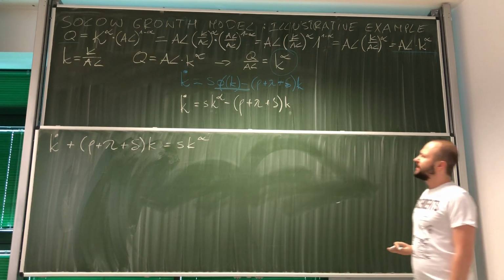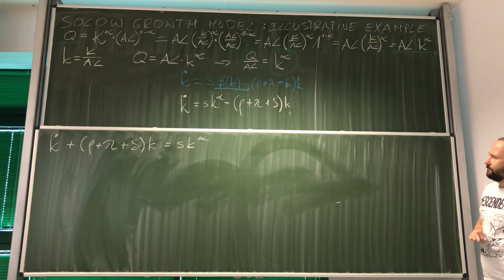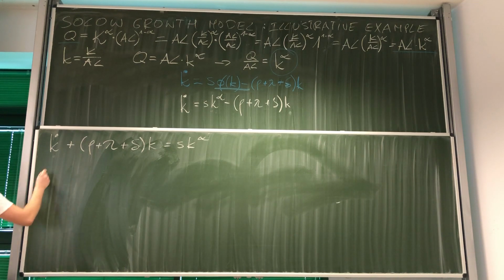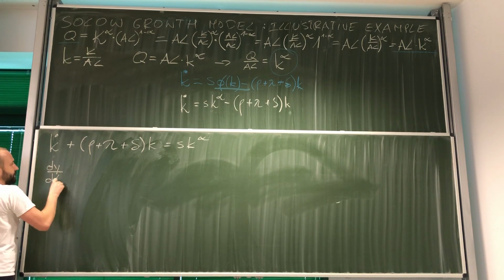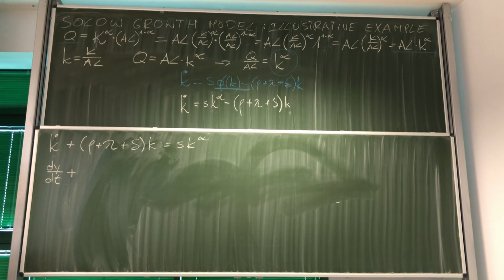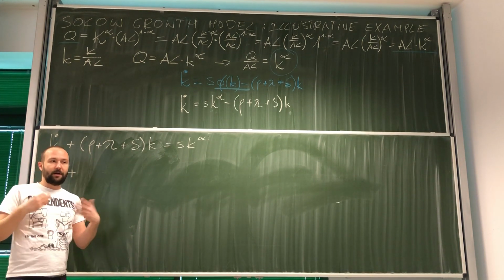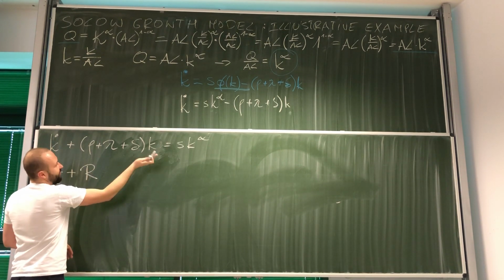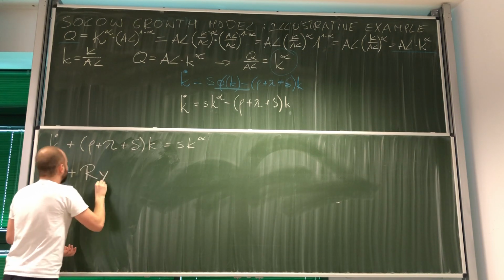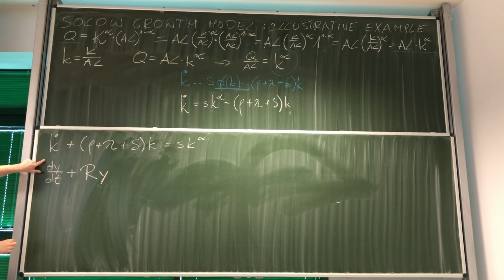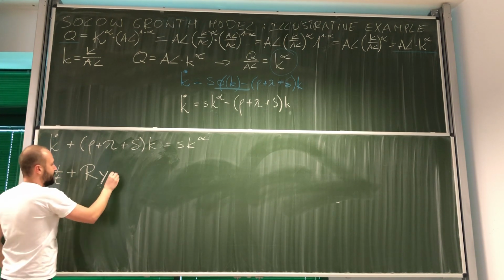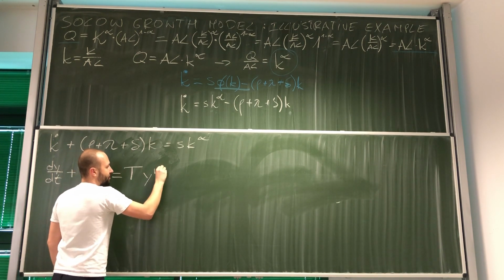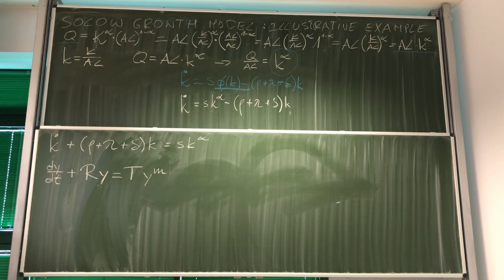Have we seen this somewhere? Let's say that instead of k dot we had dy/dt, instead of this coefficient we had r, and instead of k we have y. k dot is the derivative of k with respect to time. Then t times y to the power of m.